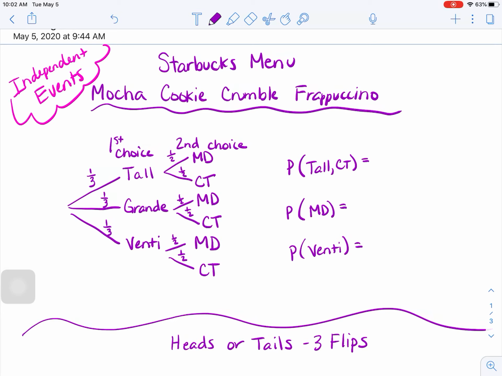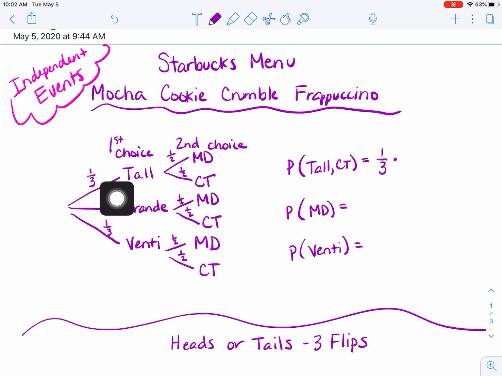Okay, so I just listed a couple problems off to the side where we could read our tree diagram to help figure that out. The first probability question I have is the probability of a tall frappuccino with cookie topping. So if I'm going to follow along this, I picked tall, so that was a 1 out of 3 chance.